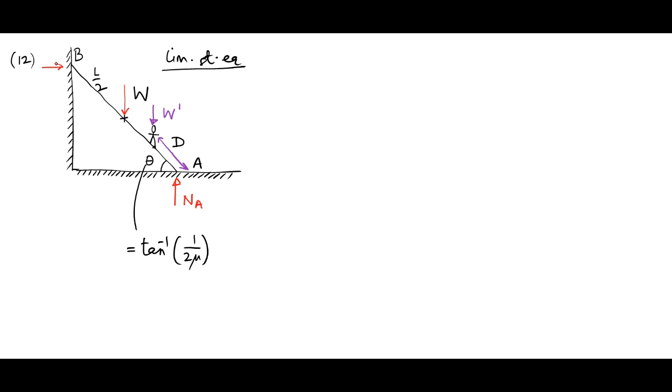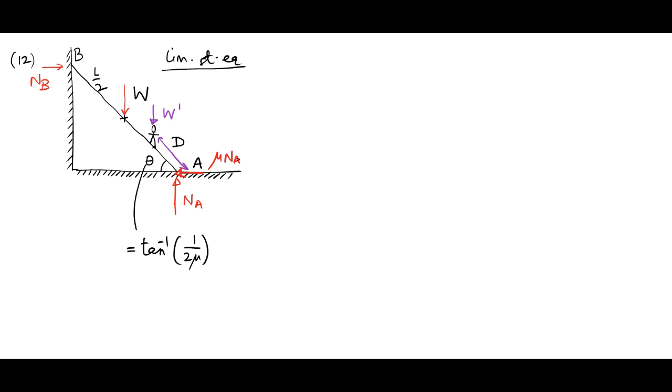Likewise, there is going to be NB, the normal reaction here, and there's no frictional force here because the wall is given to be smooth, but there is limiting static friction at the bottom because of the condition of limiting equilibrium. It's in this direction. The end A is on the verge of sliding or slipping towards the right, so limiting friction, and that's going to be mu times NA.